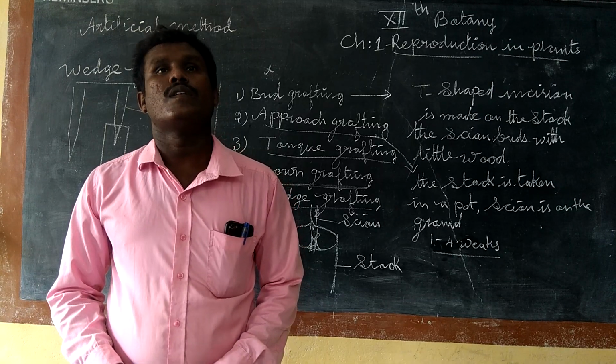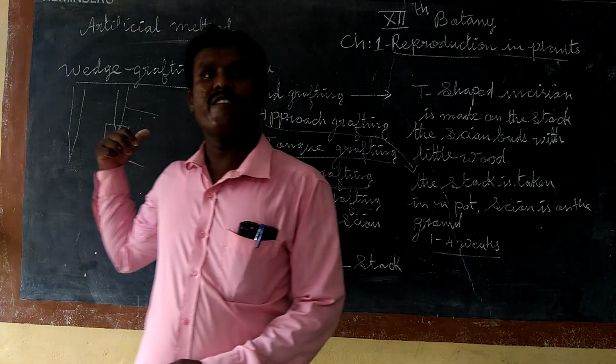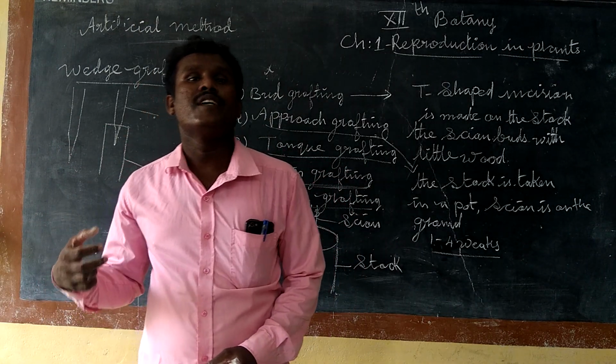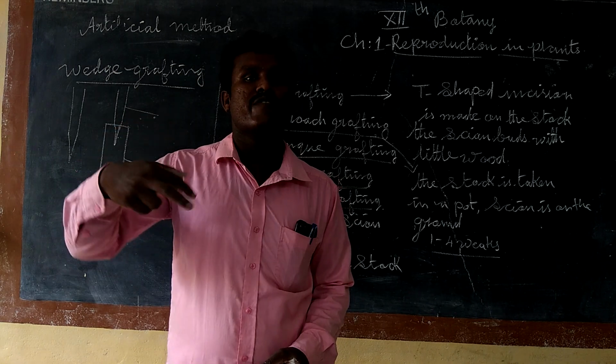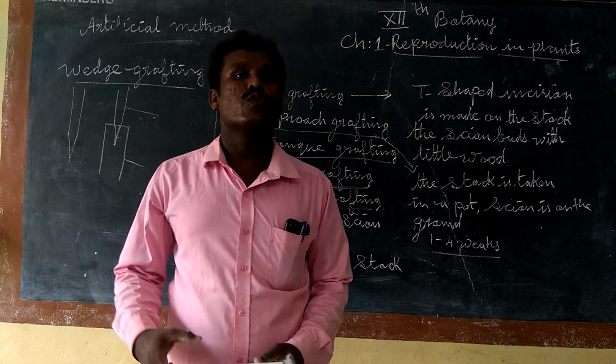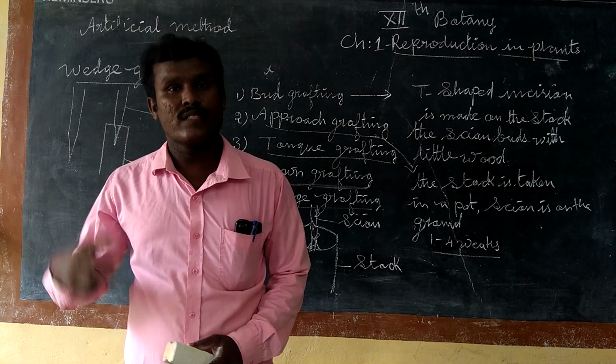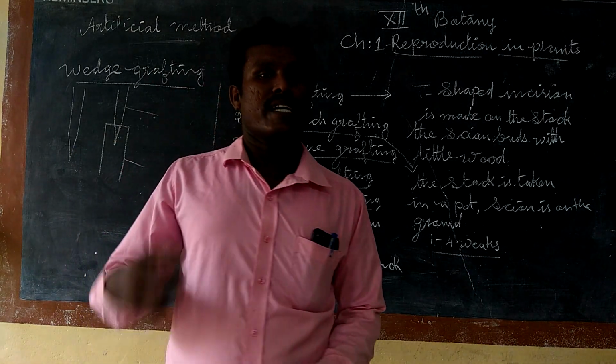So far we were discussing these grafting techniques. What is grafting? Combining two different plants so that they join together and grow as a single plant. This is called a grafting technique.